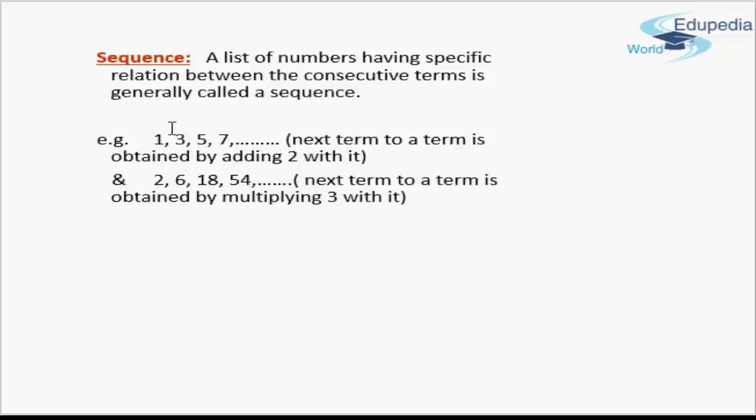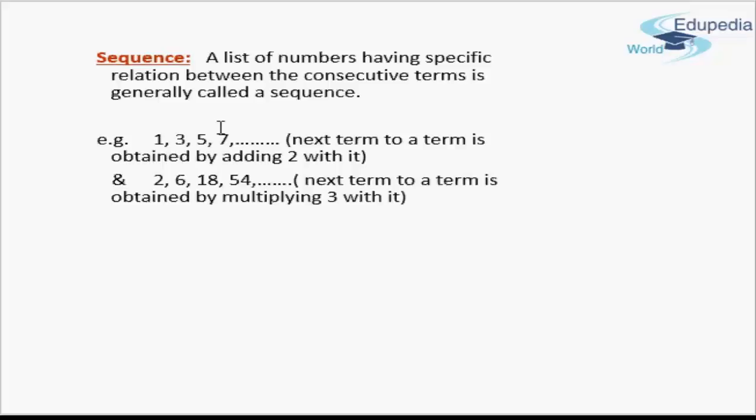Basically what it means is what is shown to you over here on the slide, that is 1, 3, 5, 7. Now you see that the consecutive numbers 1 and 3 have a specific relation between each other, and the relation is that the second term is 2 more than the first term, and the previous term is 2 less than the next term. So 1 plus 2 is equal to 3, 3 plus 2 is equal to 5, 5 plus 2 is equal to 7.